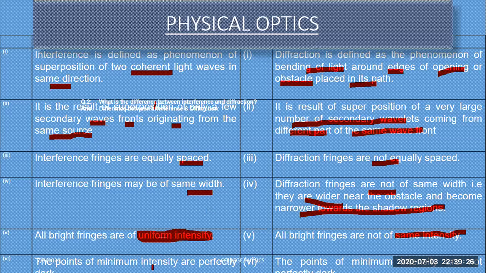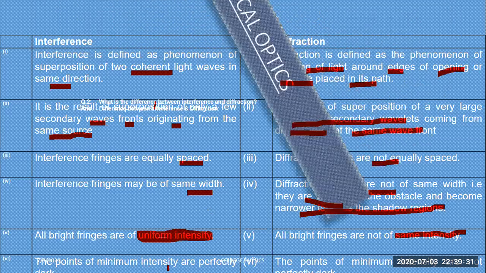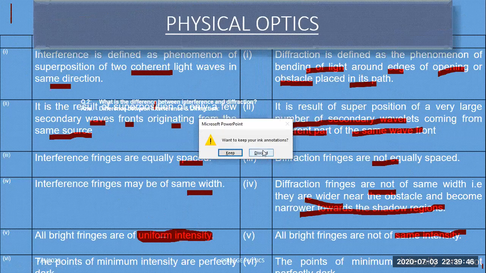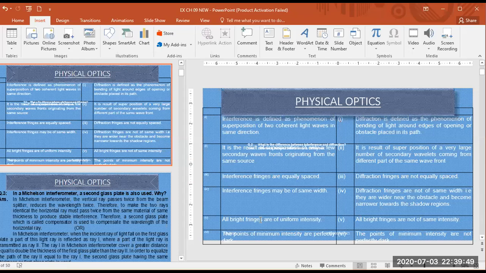The points of minimum intensity are perfectly dark in interference, and these are the points where the interference intensity is minimum.